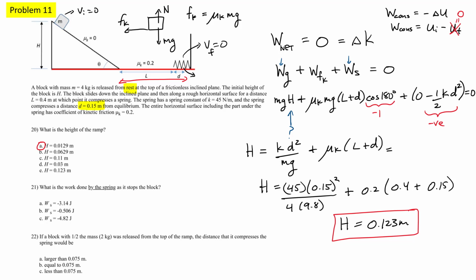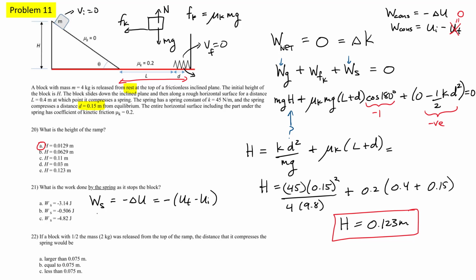All right, question 21 says, what is the work done by the spring as it stops the block? Well, we just talked about that. The spring force is a conservative force. So the work done by the spring you can write as minus the change of potential energy, which is minus U final minus U initial.